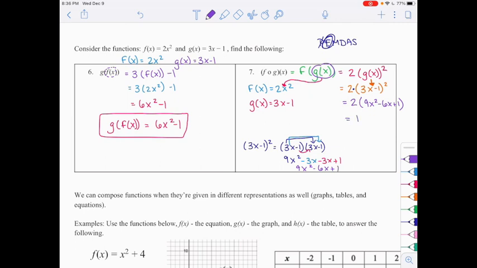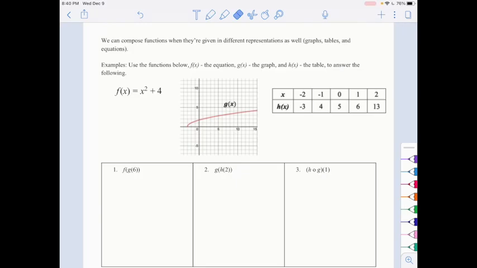And I'm going to distribute that too. So I get 18x squared minus 12x plus 2. So f of g of x here became 18x squared minus 12x plus 2. Created a whole new function.